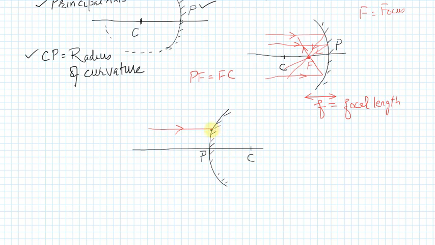Now it will be reflected in such a way that it seems to be coming from this point F. Again, if you take another parallel ray incident here, again it seems to be coming from F. It will diverge in such a way. Another ray parallel to the principal axis goes like this.